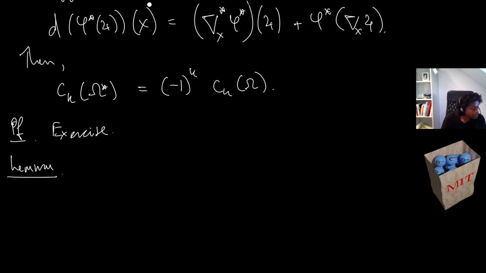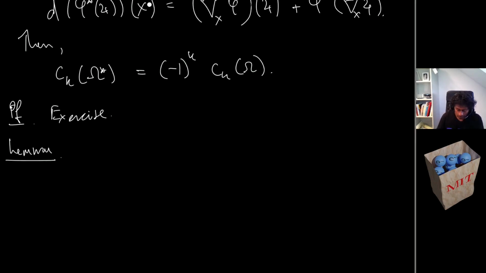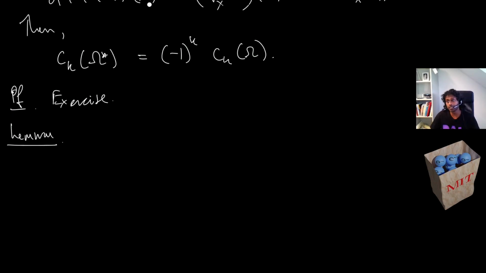Another lemma is what happens when we have a compatible connection, right? So we're not going to be just dealing with general connections because that's limited in what we can do. So typically in applications, we're going to at least have a connection and a metric that are compatible with each other.